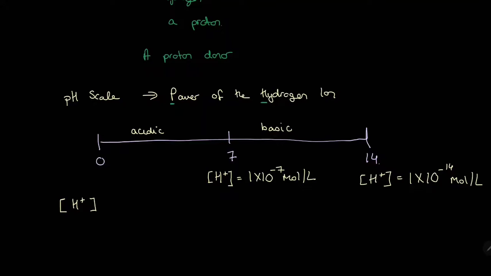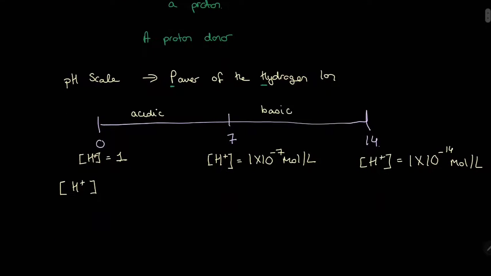And then over here, we'll have a hydrogen ion concentration of 1. Okay, so the hydrogen ion is to do with an acid. If you look at the progression, it's going from 1, very acidic, all the way over to 1 by 10 to the minus 14, not acidic really at all. Which one is more acidic?